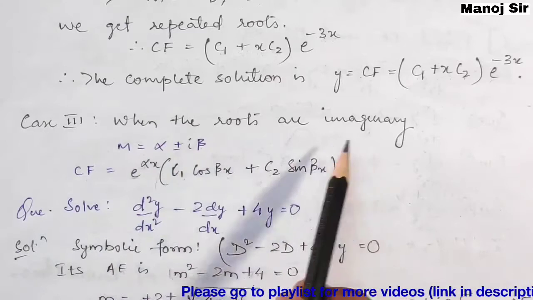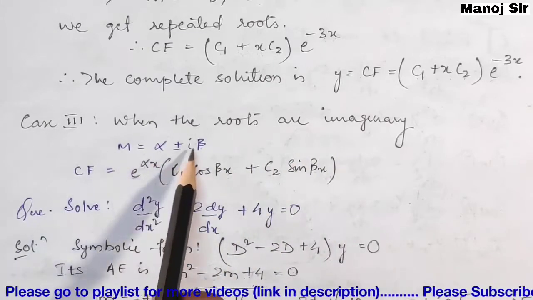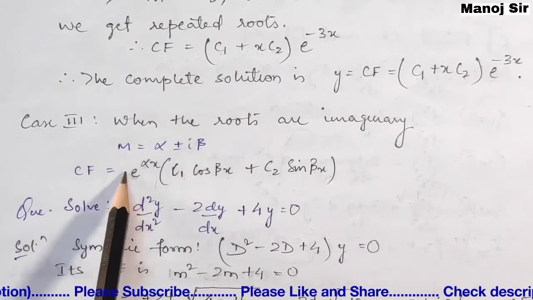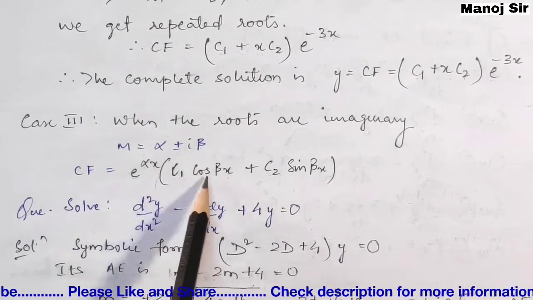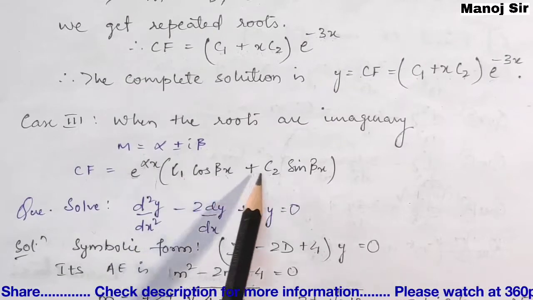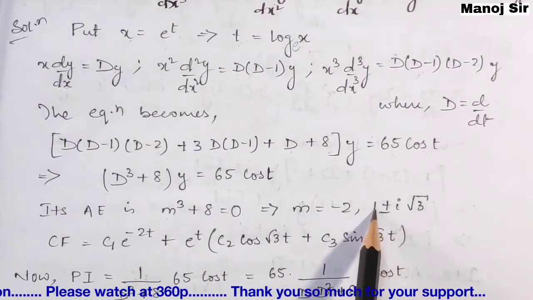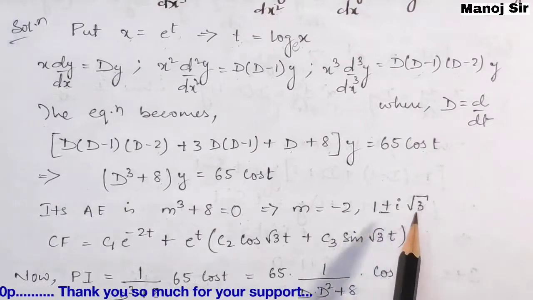When the roots are imaginary, that is m equals alpha plus minus i beta, the complementary function equals e to the power alpha x into c1 cos beta x plus c2 sin beta x. If you compare this with this, you will get alpha equals 1 and beta equals root 3.